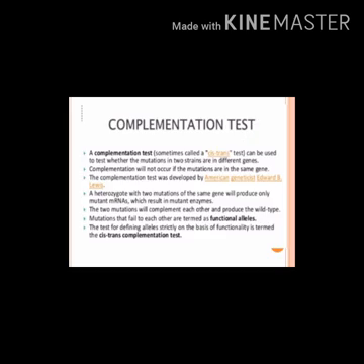Moving on to the complementation test. It is used to test whether mutations are in the same or different genes. Complementation does not occur if mutations are in the same gene. It was developed by the American scientist Edward Lewis.